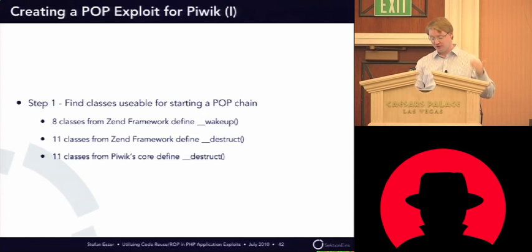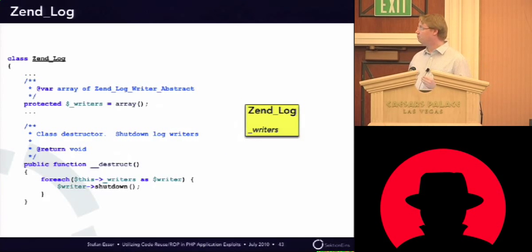So I will just tell you which one. The most usable one is Zend_Log. You see, the destructor is not doing very much. The destructor just goes through all the writers' properties, and for each writer property, it will call the shutdown method.